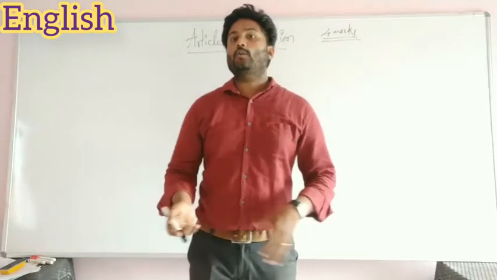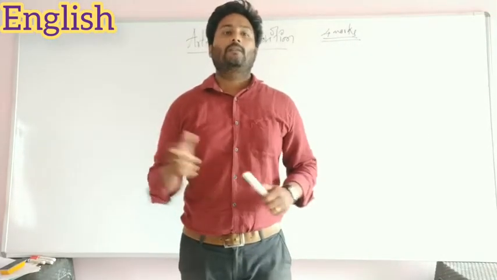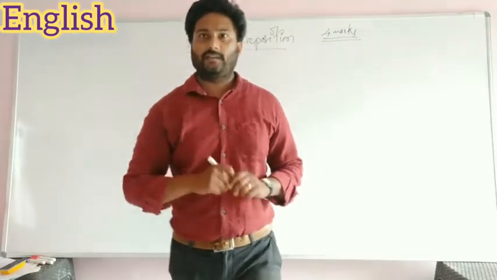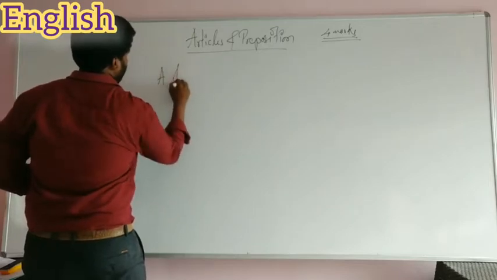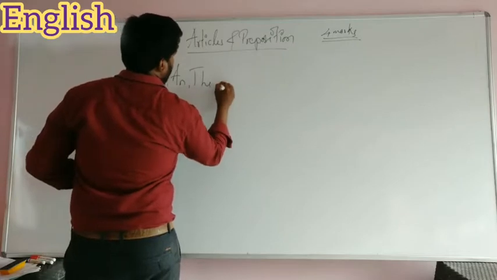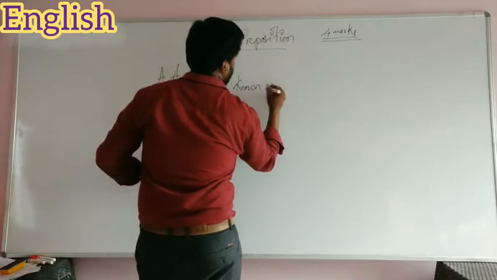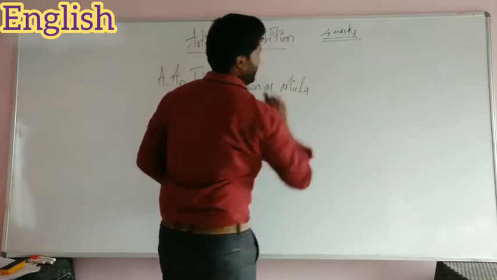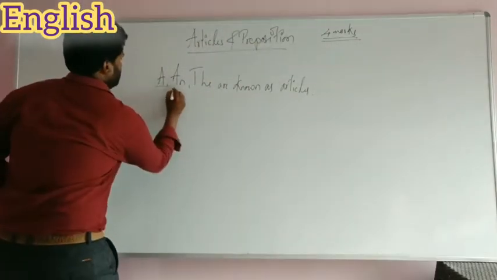But you may not know accurately the definition of these three articles and why they are used in the examination or in conversation. See, a and the are known as articles.